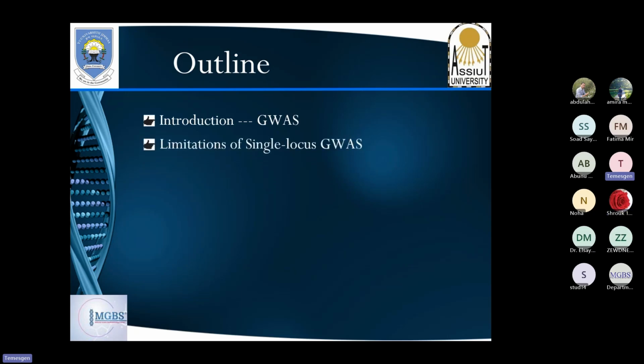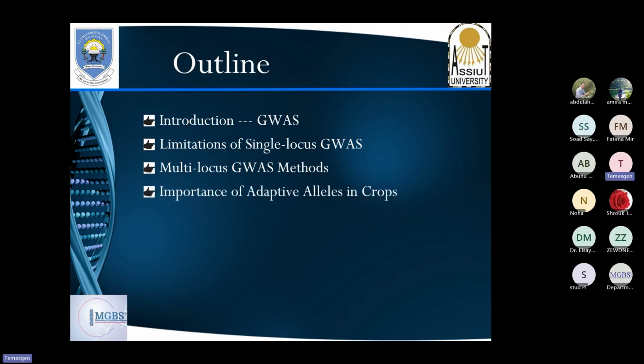I will also give you some highlights on multi-locus versus single locus, and why single locus has limitations that lead us to move to the multi-locus GWAS method. Then I will present methods for doing multi-locus GWAS, and I will focus on the importance of adaptive alleles in crop improvement, particularly in cereals, and some case studies.